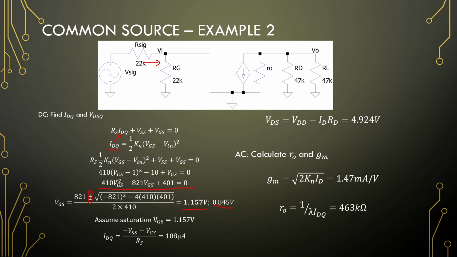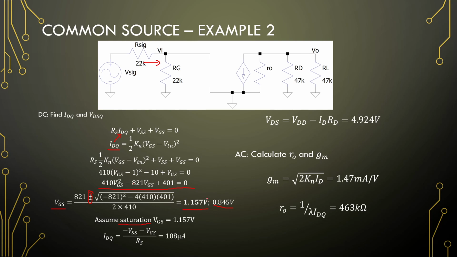So the assumption, since we're working with an amplifier, is that we are working in the saturation region. Now for the saturation region, our VGS value must be larger than our threshold voltage, right?